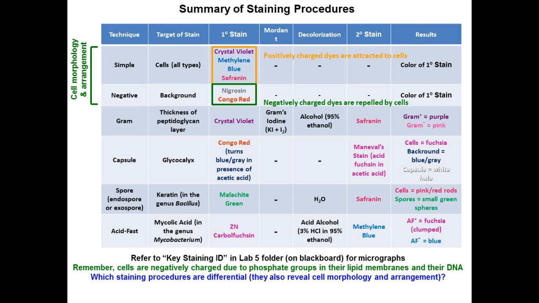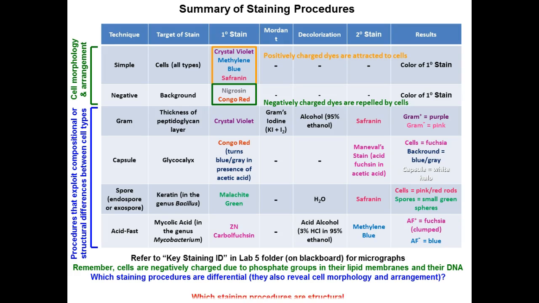So, which staining procedures are differential that can tell us more than just cell morphology and arrangement? You can still tell arrangement, right, and morphology with these stains, but it tells you more information. All the rest of these, right, would be considered differential. They're going to tell us something structurally different about these cells.